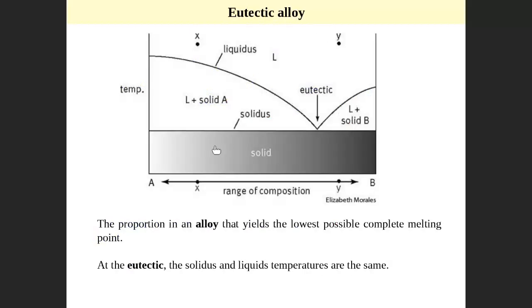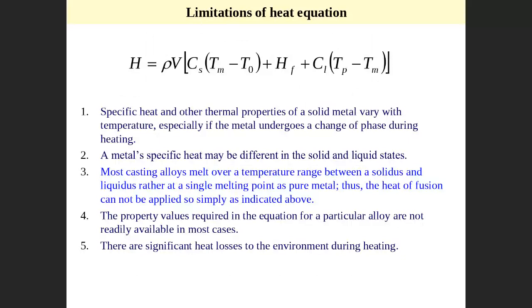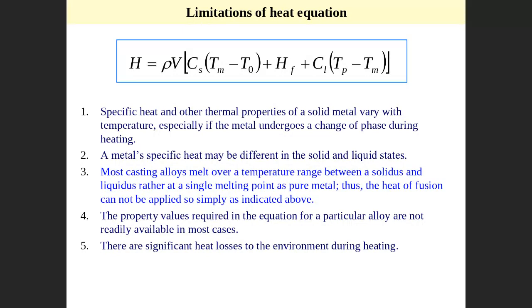But if you talk about a range of temperature, this equation cannot exactly calculate the heat required. There are some different equations used, not this one, but in the book he only describes this equation. The same fundamentals and principle apply, with some modification to the equation, and then you can obtain the effect of the temperature as a range, solid to liquid temperature. So this is the limitation of the heat equation.